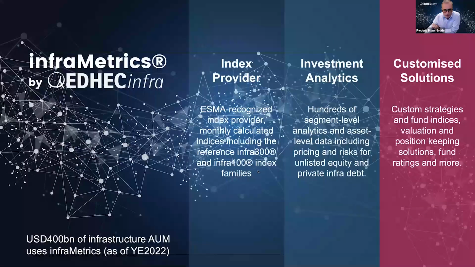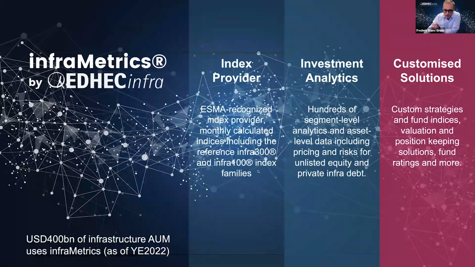First, very briefly, infraMetrics today is a platform that's widely used in the industry. It's $400 billion of infrastructure AUMs. We are now an index provider recognized by ESMA, so that's part of the platform, or the indices that we produce. We also produce investment analytics for hundreds of segments, and we'll talk a lot about segments today and what the right segments are to build the right comps.